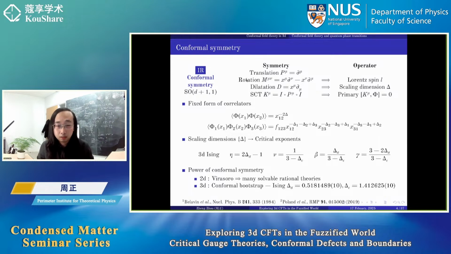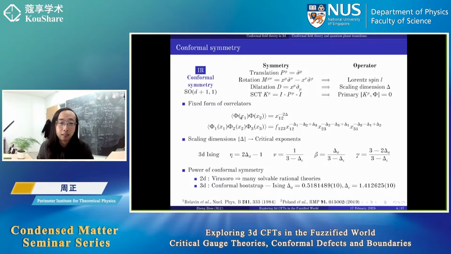These symmetries, in return, impose very strong constraints on the operators. For example, each operator must carry a certain Lorentz spin under the SO(d) rotation and a scaling dimension under dilatation. Moreover, the SCT singles out a special kind of operator called primaries, which are invariant under the special conformal transformation.